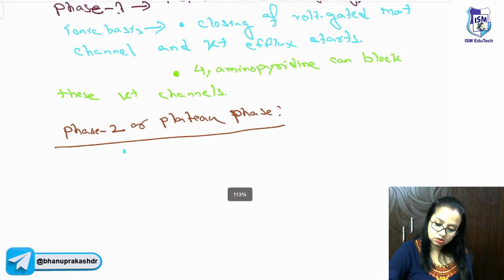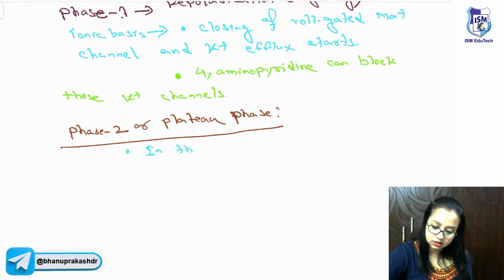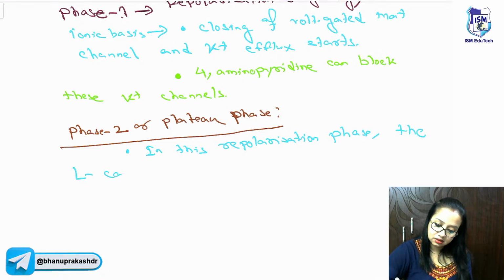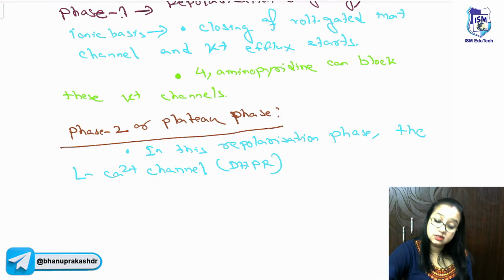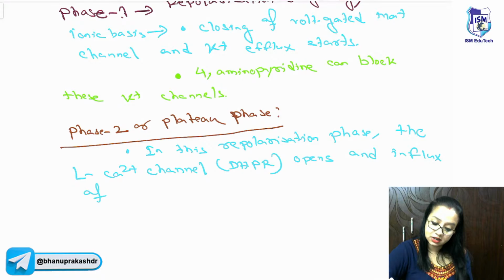So in this repolarization phase, the L-calcium channel, which means the dihydropyridine receptor calcium channel, the voltage gated calcium channel, opens, and influx of calcium happens.